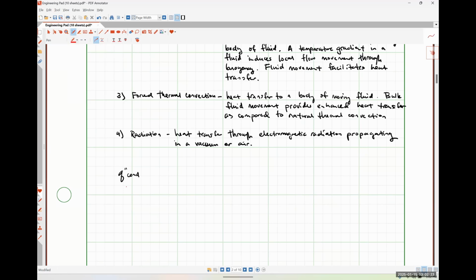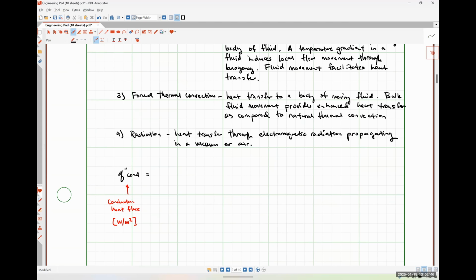So this is what we're going to call our conduction heat flux. It is measured in watts per cubic meter.